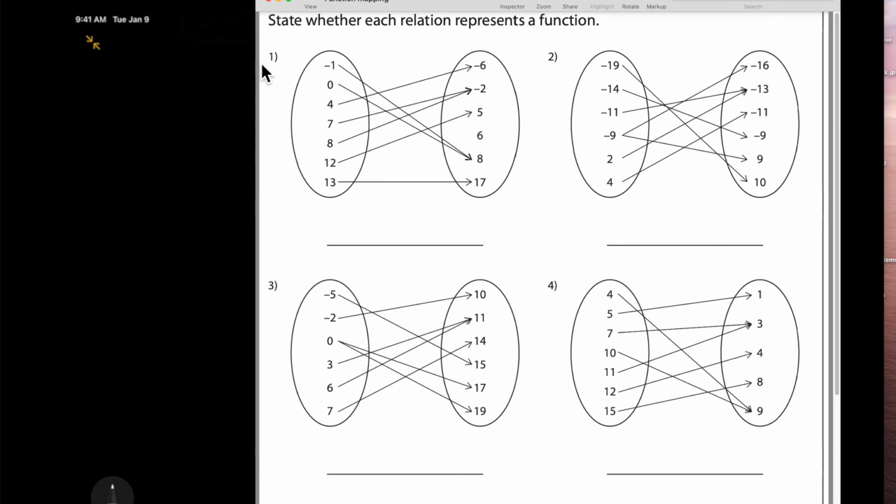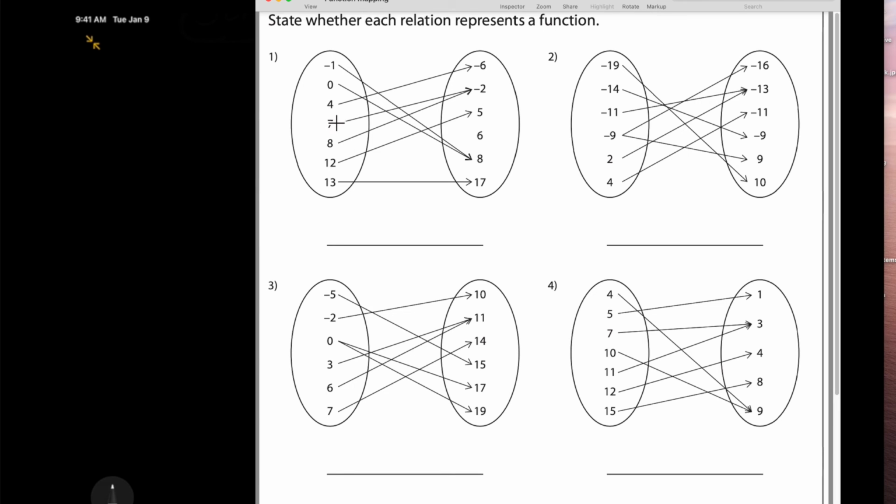Use the ice cream flavor analogy. Okay, here we go. Here's your first input, -1. Its output is 8. Next input, 0. Its output is 8. So far, so good. This is like Jennifer and Debbie both having chocolate as their favorite ice cream.